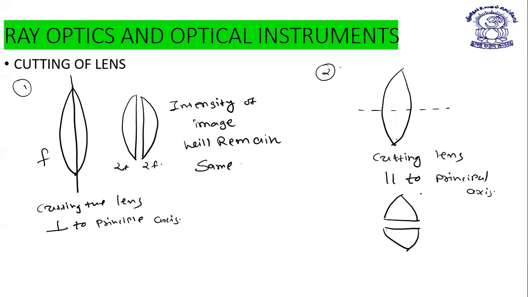Here, the curvature is not changed, so the focal length of each individual lens will not change, but the size of the lens is changed. So the intensity of the image formed will change.